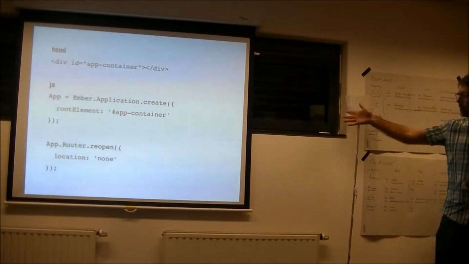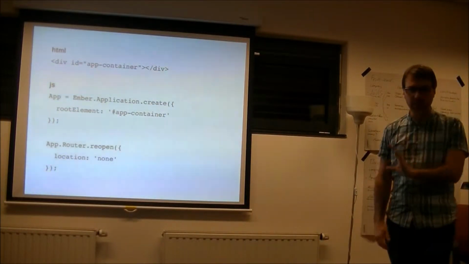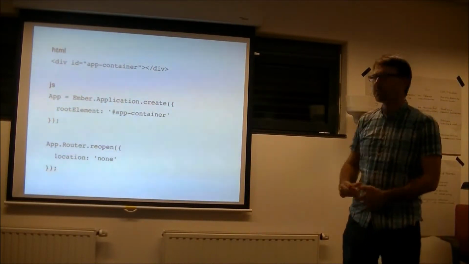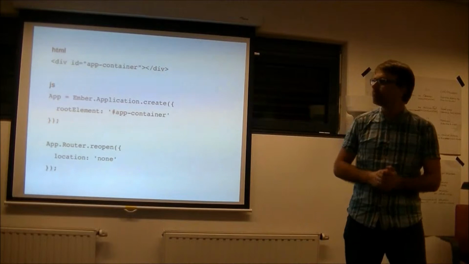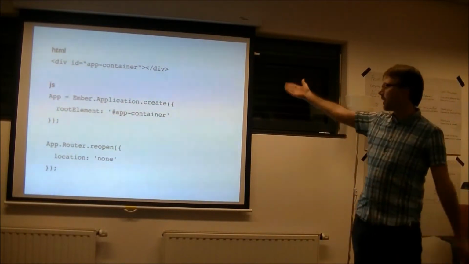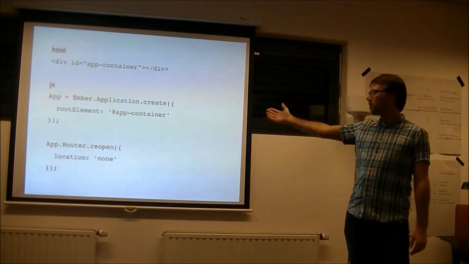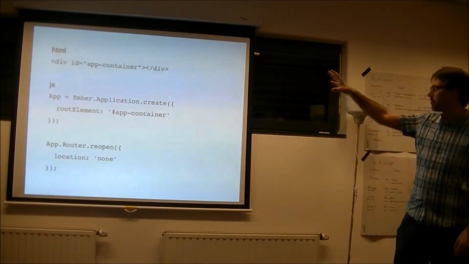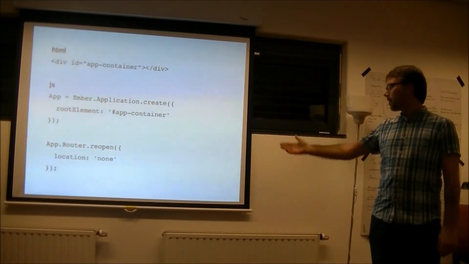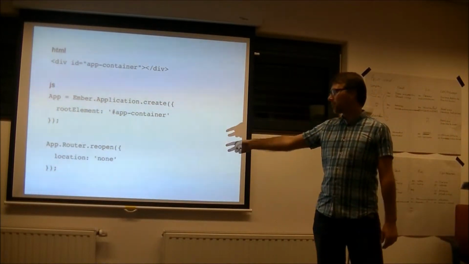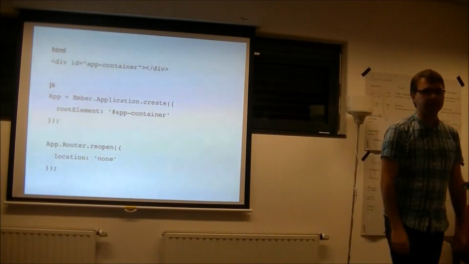It's pretty easy to set this up if you just want to get going with something simple, and it's directly from the guides. You define your element, and set which element you want the Ember app to take over. An important point is to turn the location off.